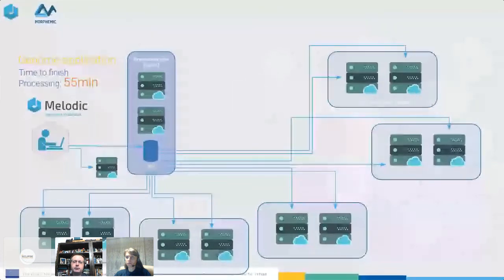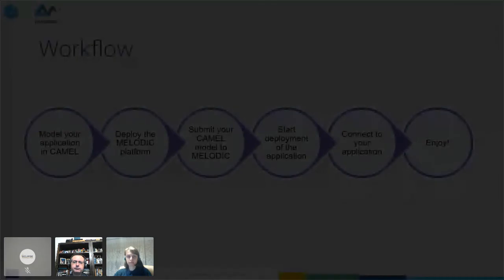And thanks to that, Melodic allows to fulfill the business goals, for example, to process the data in a certain amount of time, and also to save a lot of money, really a lot of money. So that's probably the best business reason to use that application.